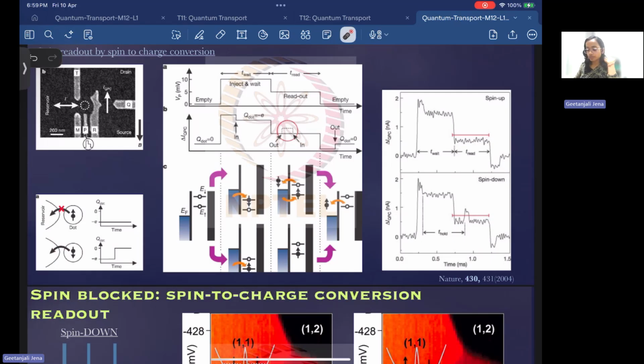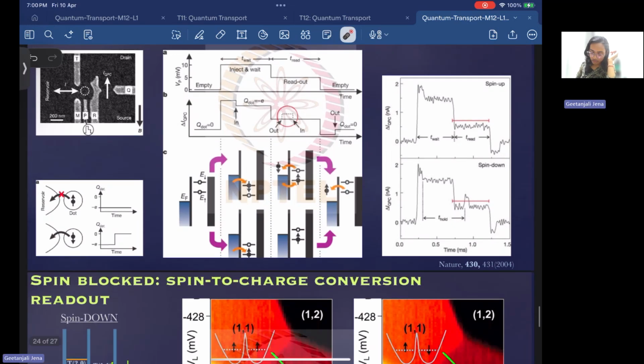To check which of these spin states is occupied in this gated quantum dot, as I said, we are applying a voltage pulse to this P gate. Okay, so let us see what will happen in different regions.